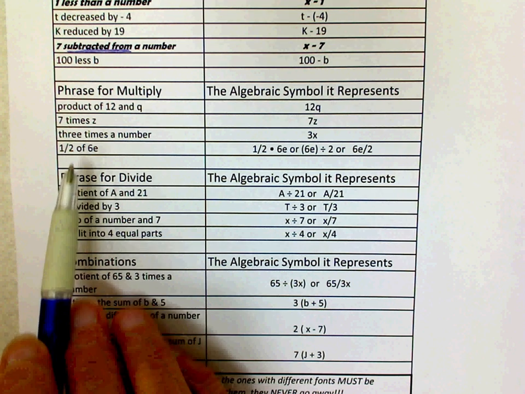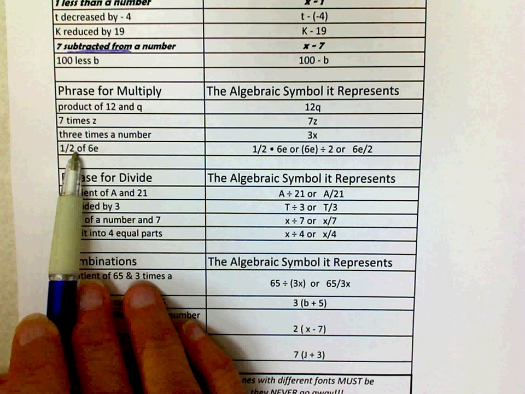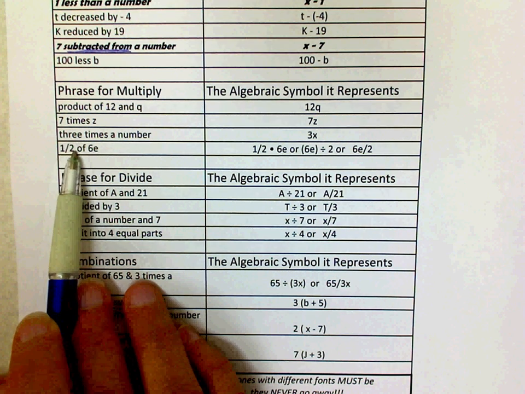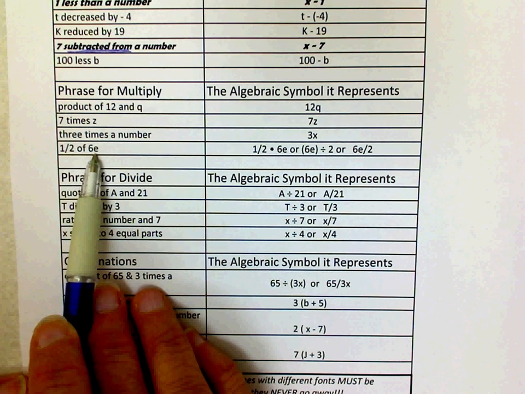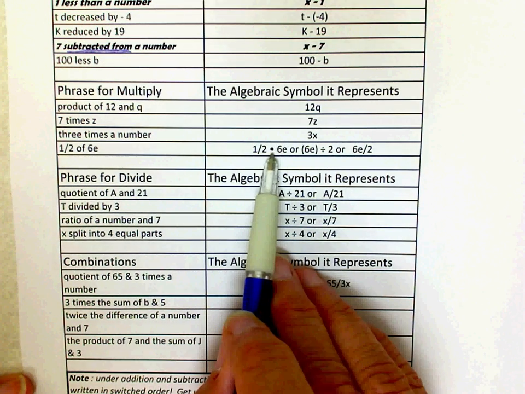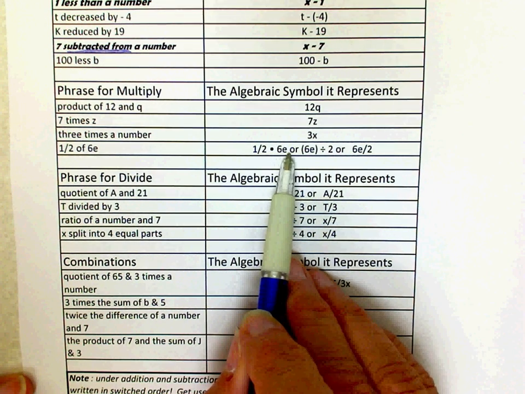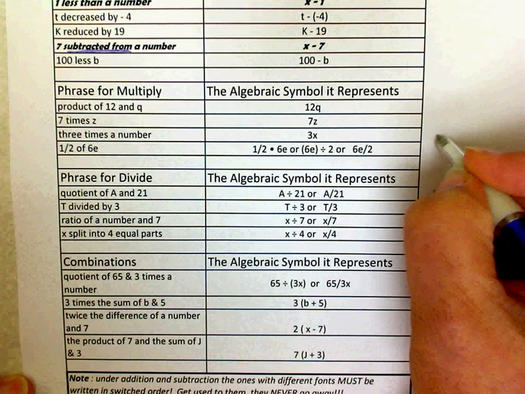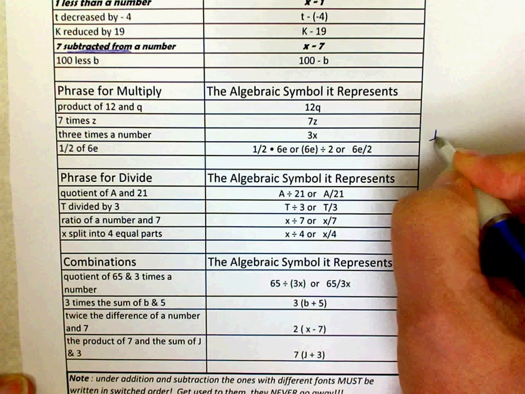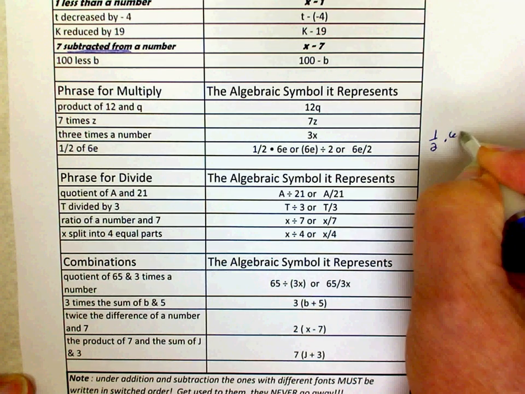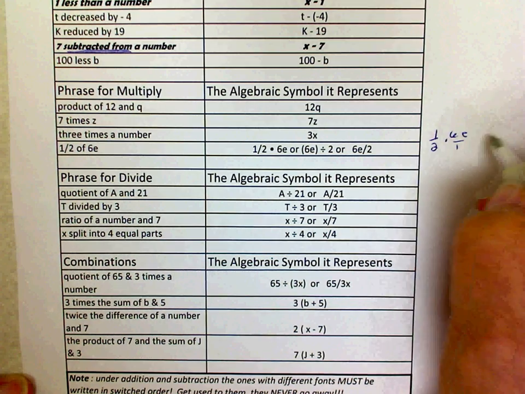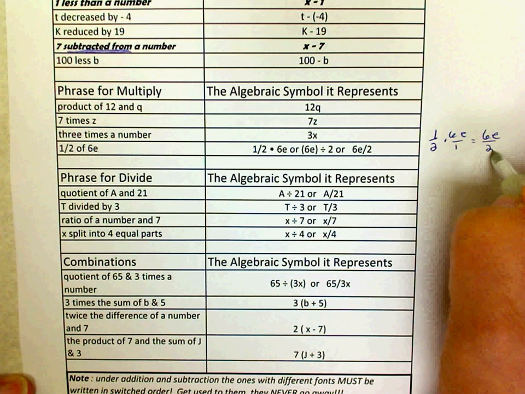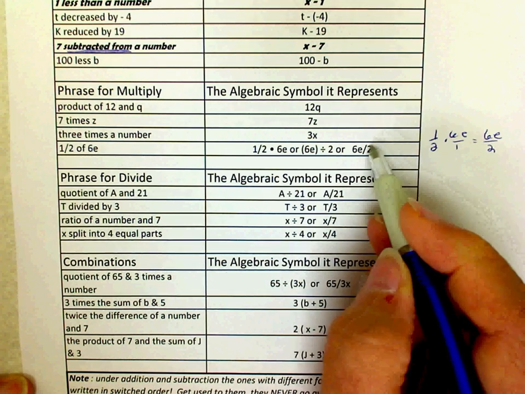Okay, now notice this one, 1/2 of means times, so 1/2 of 6e could be written as 1/2 times 6e, but using the rule of fractions, 1/2 times 6e over 1, that puts it as 6e over 2, which is this form.